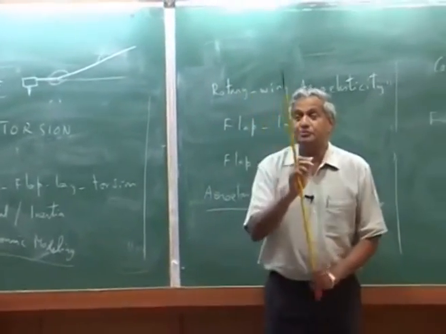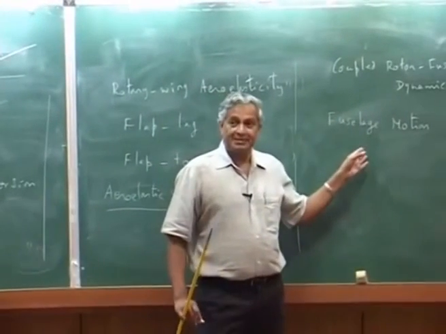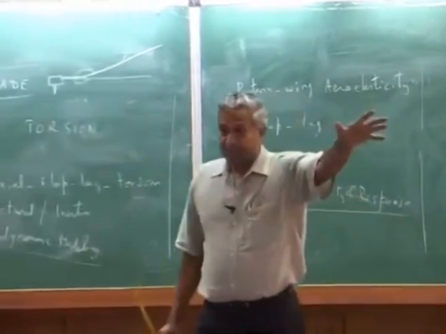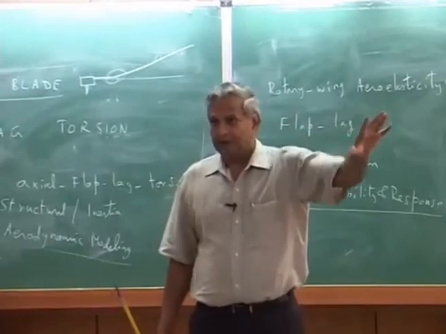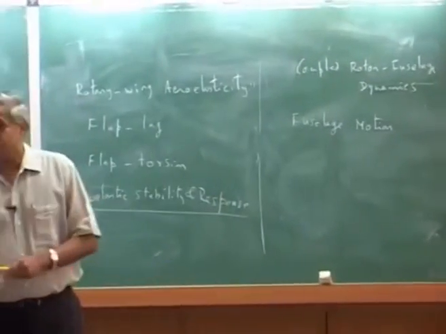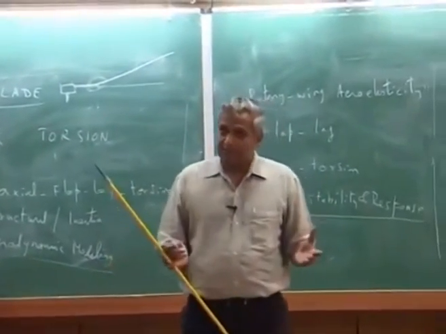That means hub is going to move. This problem is more complicated. But all flight dynamics problems come under this, because you want to maneuver, you want to do something. Then you need to have a model for that.